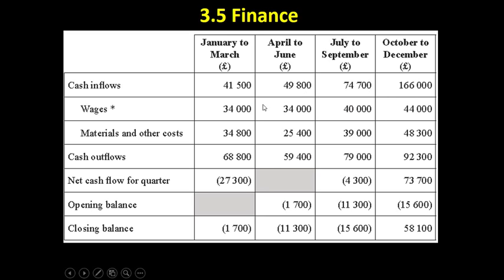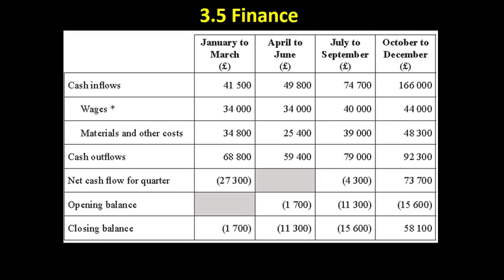And you can see the cash outflows reflect that as well. They're probably buying more raw materials so they can manufacture their products, and you can see that the wage costs are going up as people work overtime and things like that.